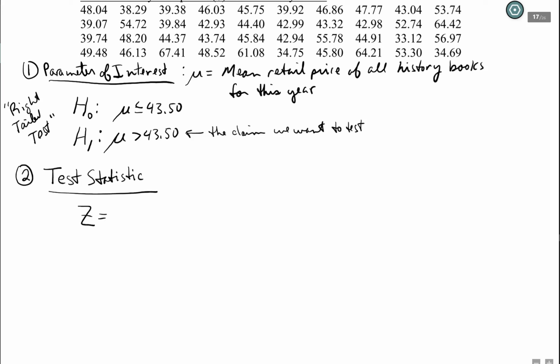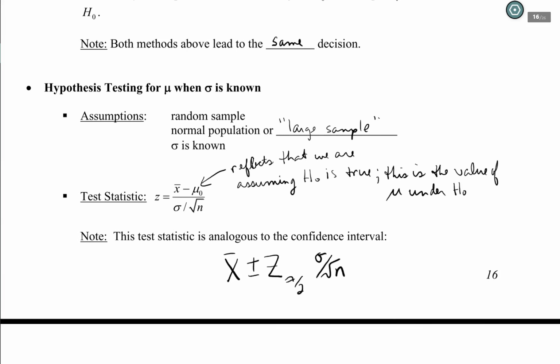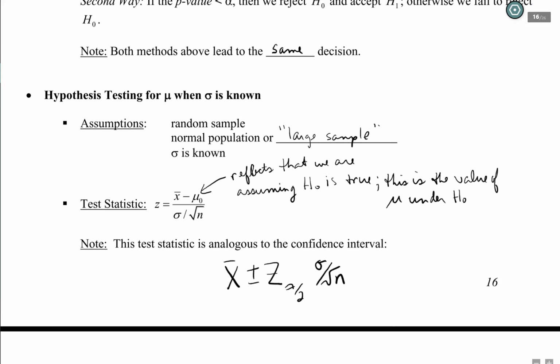This z-test statistic is x bar minus mu naught over sigma over root n. Now, in order for me to use this test statistic, I have to have the assumptions involving this test statistic satisfied. So are these assumptions satisfied here? Do I have a random sample? Do I have a normal population or a large sample? And is sigma known?